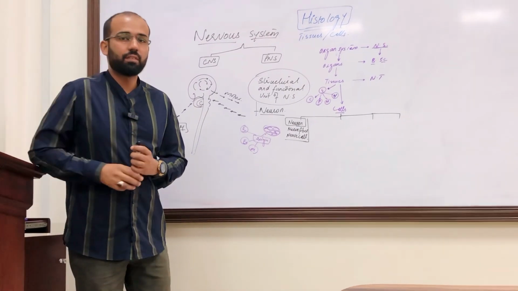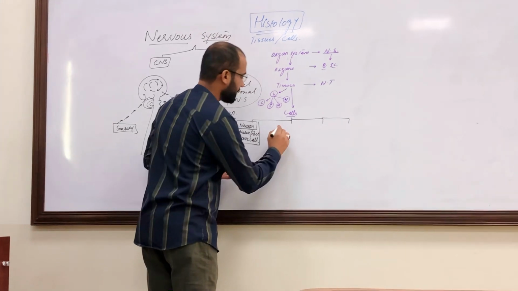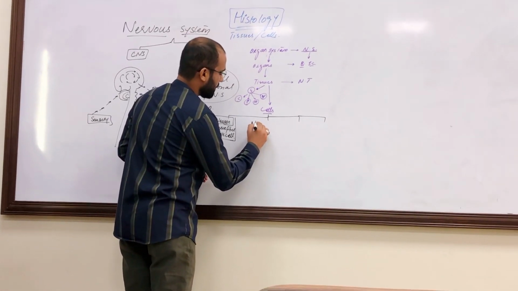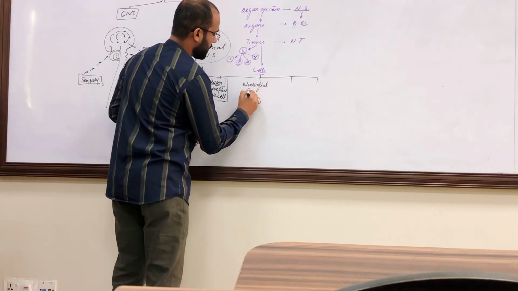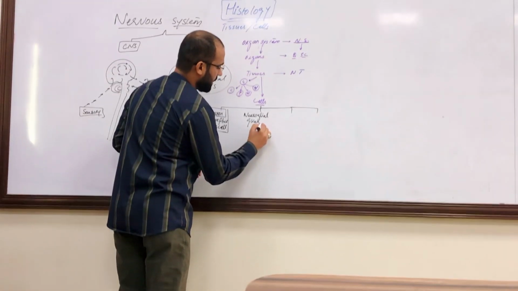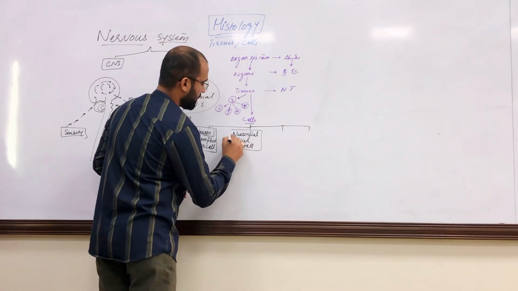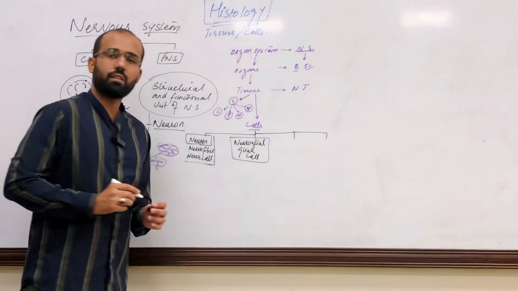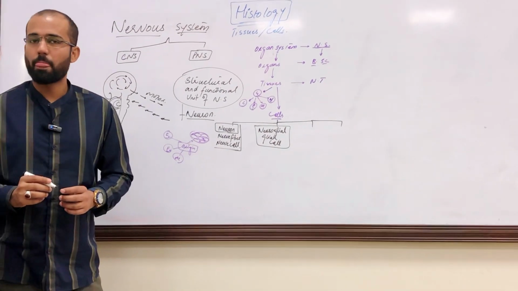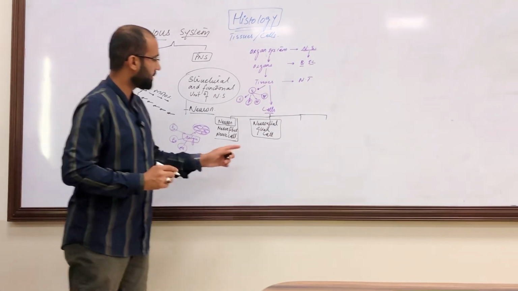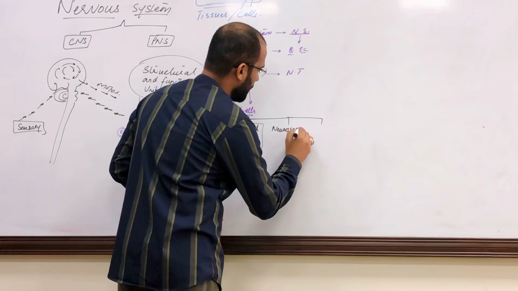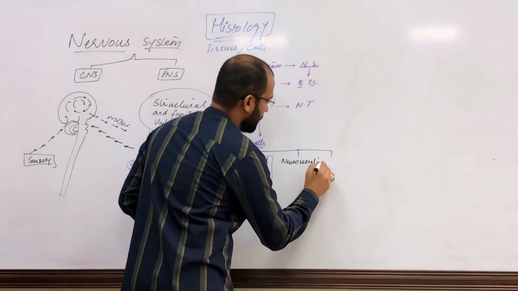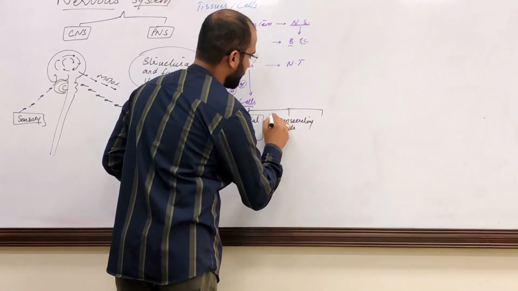We call them neuroglial cells, or simply glial cells, or also supporting cells. Another kind is neurosecretory cells.